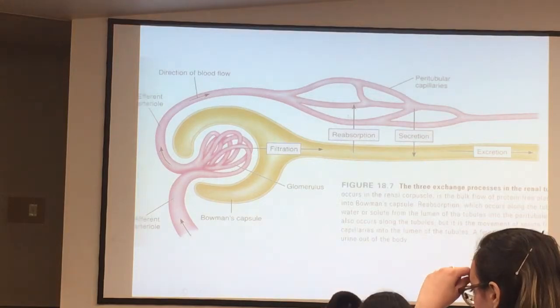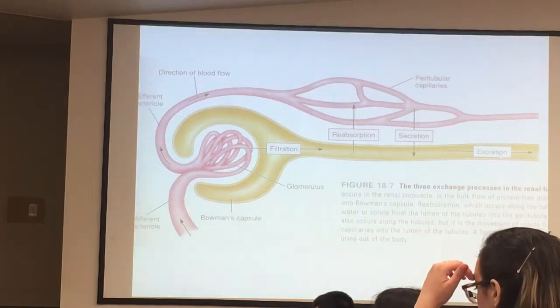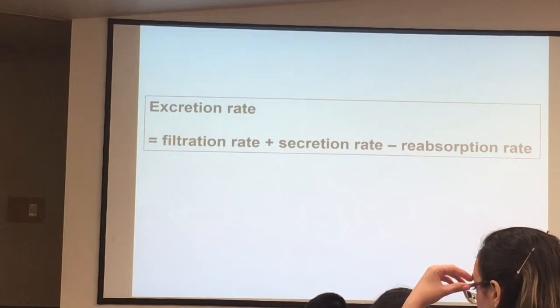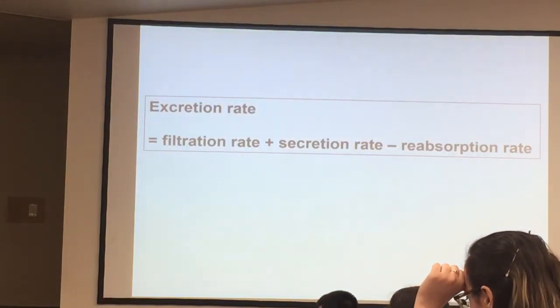This one only comes back, and this one gets rid of it. So filtration plus secretion minus reabsorption equals excretion, right? It makes sense, because these two are added to the tube, we don't want it, dump it, and reabsorb means take it back.